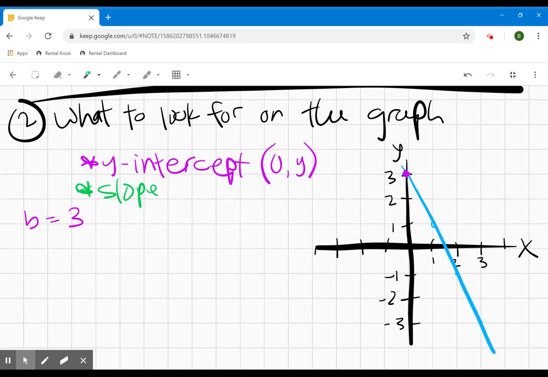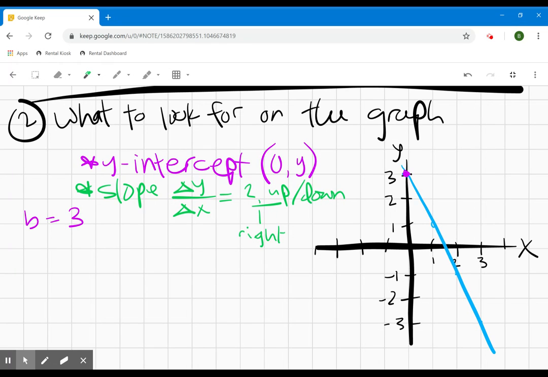So slope, again, is your change in y over your change in x. Another way to think about it is if we go 1 unit right, not left, but right, 1 unit right, how many units are we going up or down?